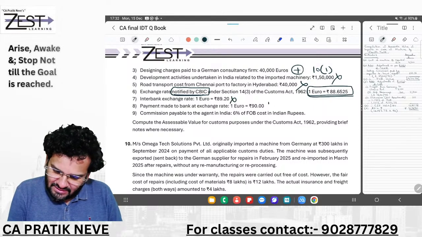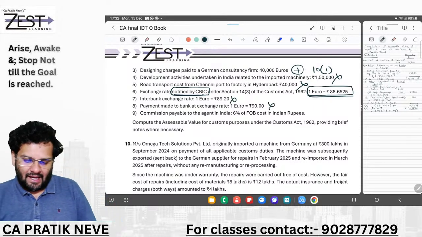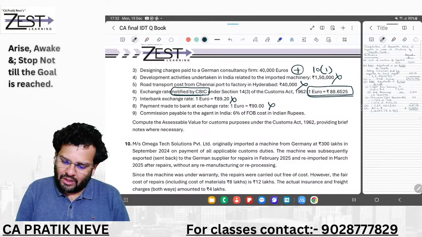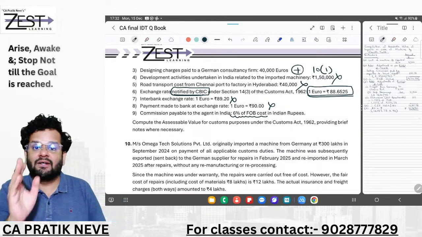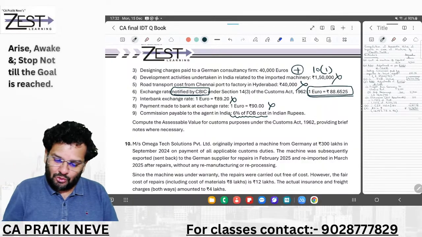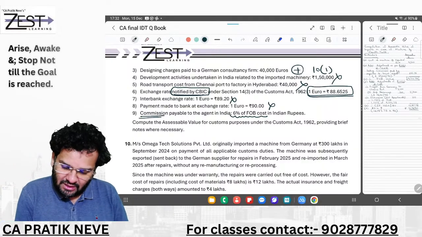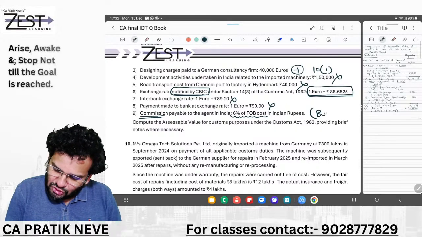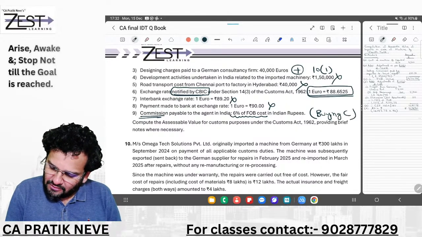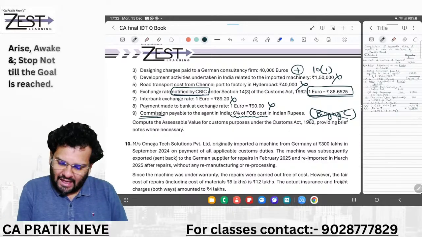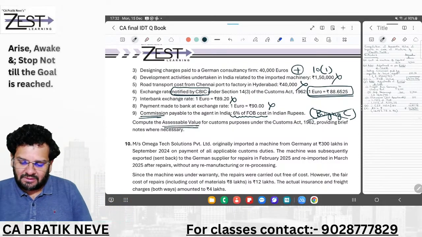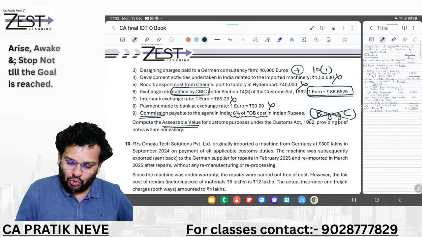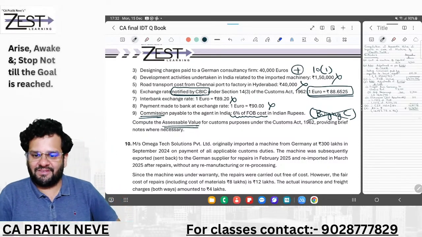This and this rate, neglect. And then commission payable to agent in India, it is 6% of FOB cost in INR. So yes, you will have to consider this commission, assuming that it is not buying commission. Compute assessable value for the customs purposes under Customs Act, providing brief notes wherever necessary.